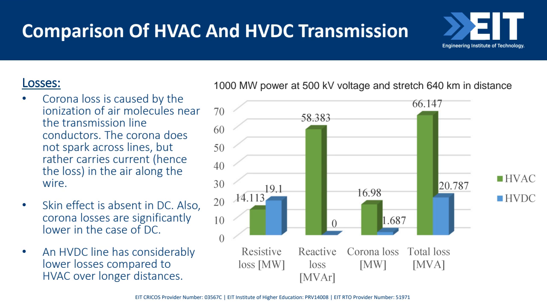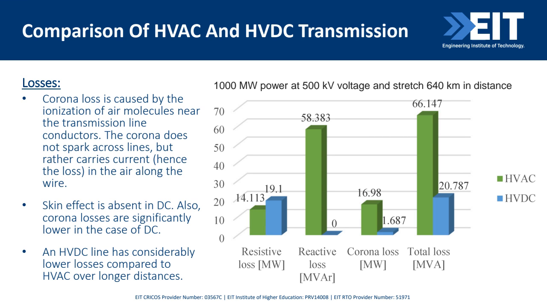So this is an example shown for 1,000 megawatt, or 1 gigawatt, of power transmission at 500 kilovolts over a 640 kilometer distance. You can see that the blue one here is HVDC. HVDC does have a slightly higher resistive loss because of the conductor loss, but all other losses like reactive losses and corona losses are almost zero for HVDC, but very high for HVAC.